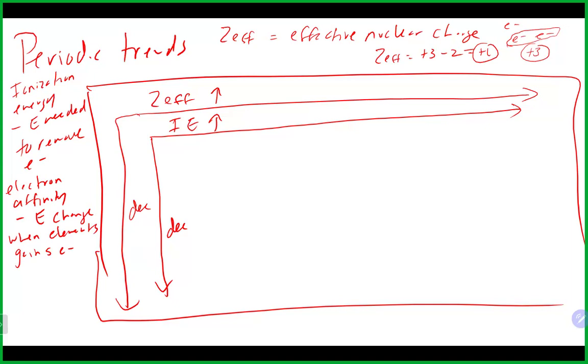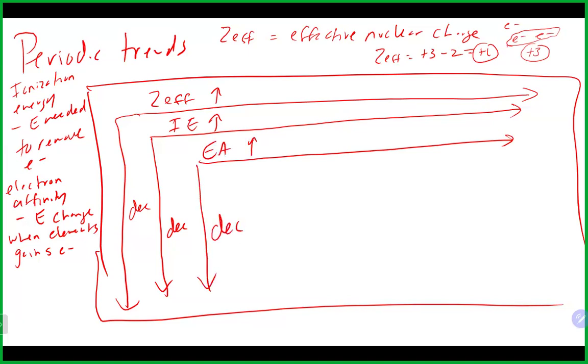When we talk about electron affinity, that's when things gain electrons, so we talk about that for anions and nonmetals. On the periodic table, electron affinity increases as you go up and to the right and decreases as you go down. If something has an affinity for something, it likes to gain electrons. So something with a high electron affinity is pretty good at gaining electrons.